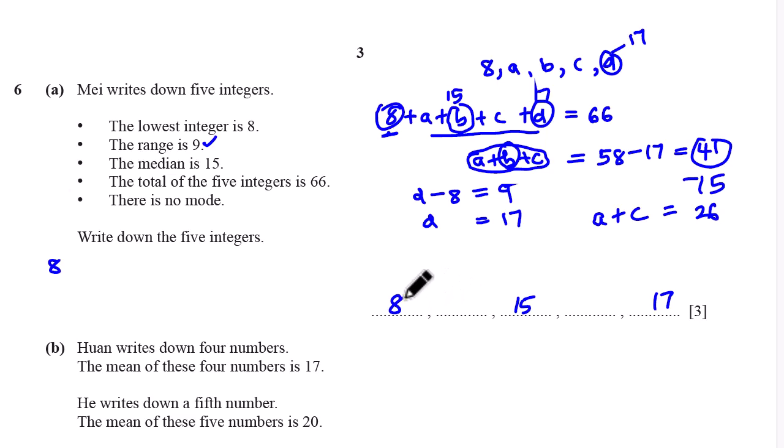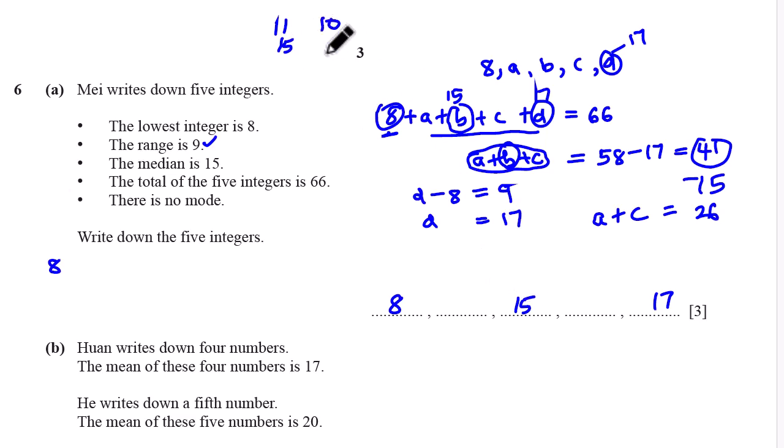The first number will be of value between 8 and 15, and then the second one will be between 15 and 17. So for 26, I can say 12 and 14, but 14 is obviously less than 15, so that I can say 11 and 15, which is not possible because this is 15, it has to be greater.